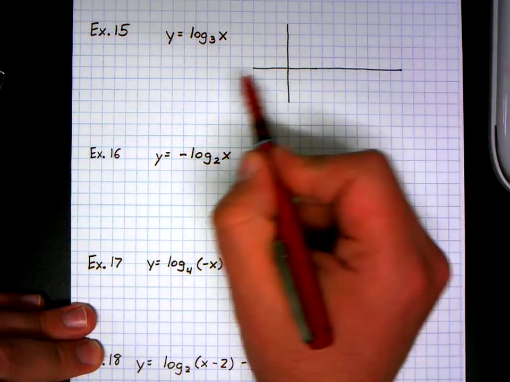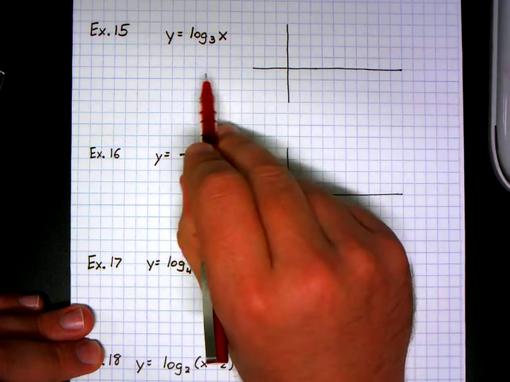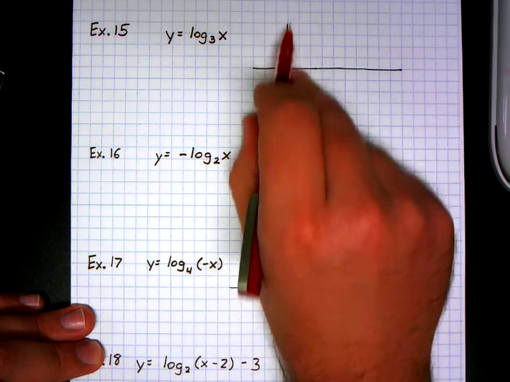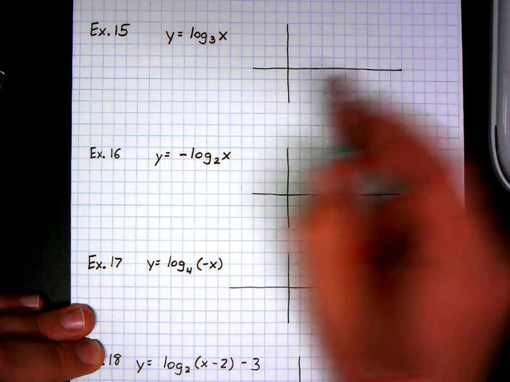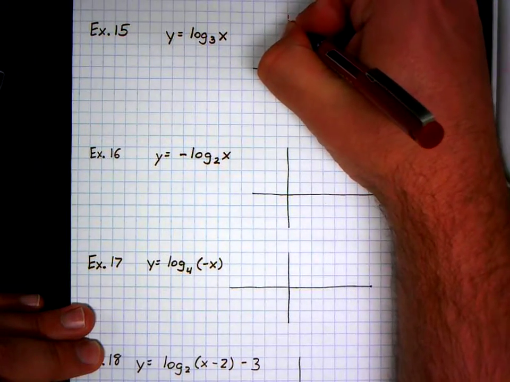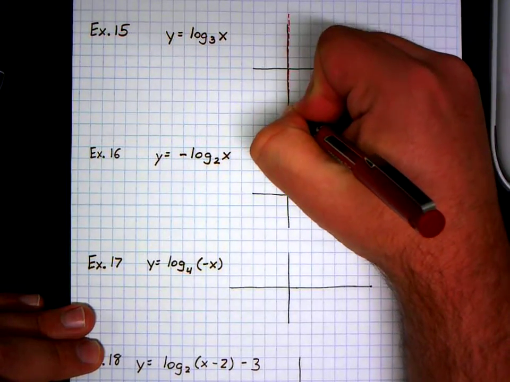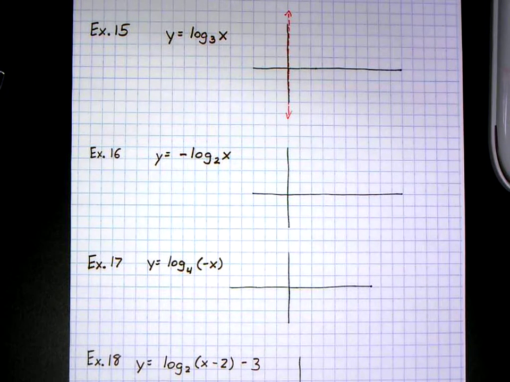Since the base asymptote for an exponential is along the x-axis, the base asymptote for a logarithm is along the y-axis. So this is where the base asymptote for a logarithm is.